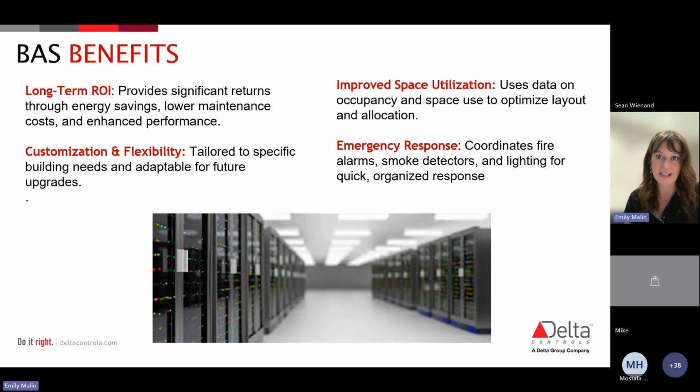If you can come to that data center owner and say, hey, I've noticed we're going to be able to add another CRAC unit right here because we have the space to do it, you're going to be their new best friend, because it is all about space utilization. And if you're able to add something to their building because of your building automation system, you're going to be miles ahead of the competition, right? So just being able to think forward about what you might be able to provide in some of these different use case scenarios, to optimize their layout, to optimize their space.